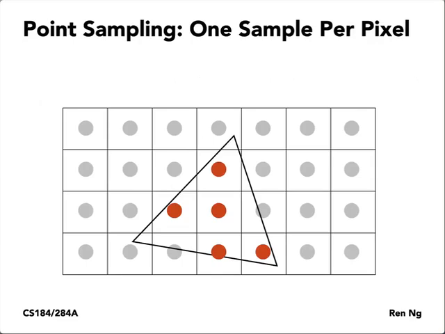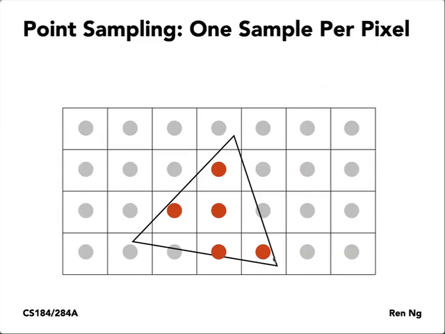Okay, so this is point sampling for a very small triangle on a patch of a frame buffer set of pixels. As we looked at last lecture, this would just give us zero values in the frame buffer for all these locations that are outside the triangle, and red for just these 5 locations where the centers are inside the triangle.